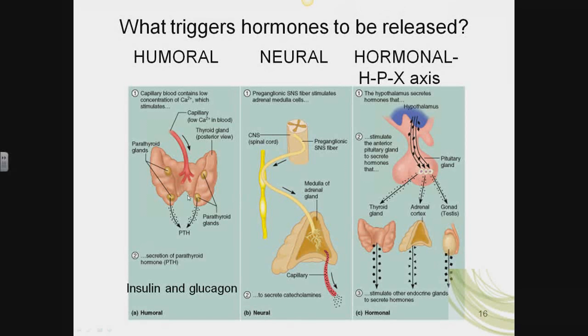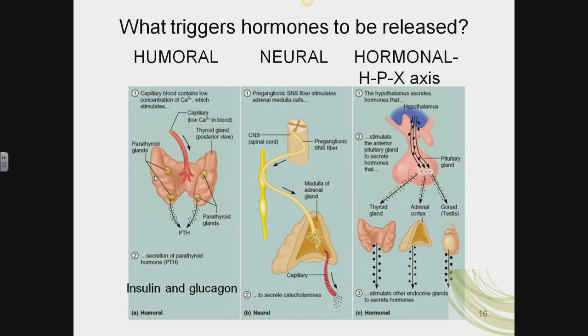Some hormones are triggered for release because there's something in the blood, some sort of chemical or compound in the blood that's being monitored. And when that compound or substance gets too low, then hormones are released so that the substance is built back up or accumulates in the blood. If the substance gets too high, then hormones can either be stopped for release or a different class of hormones.